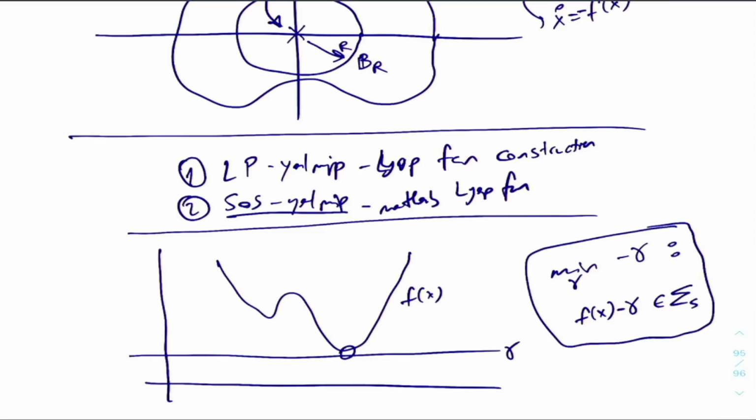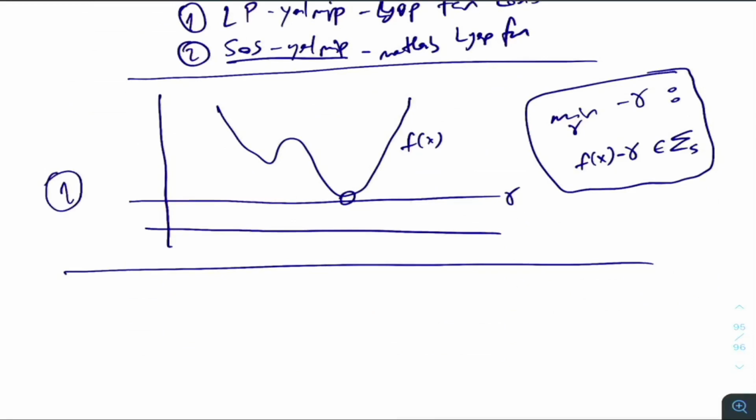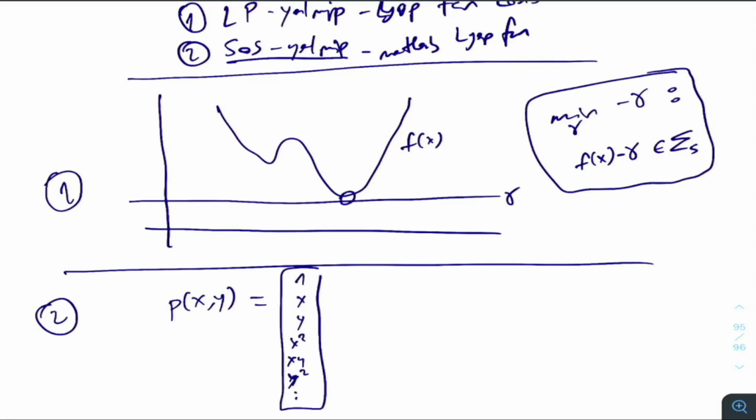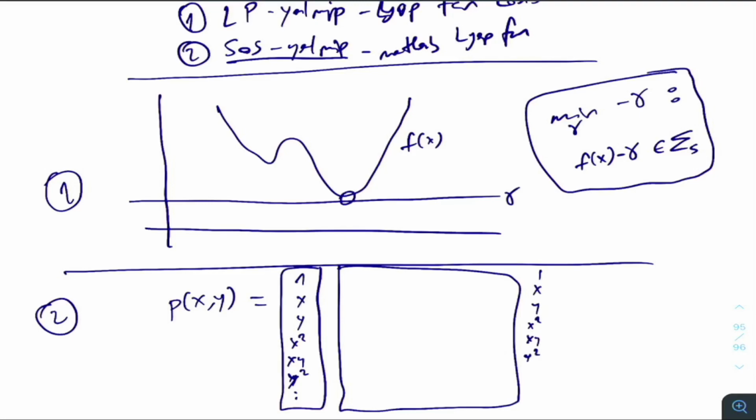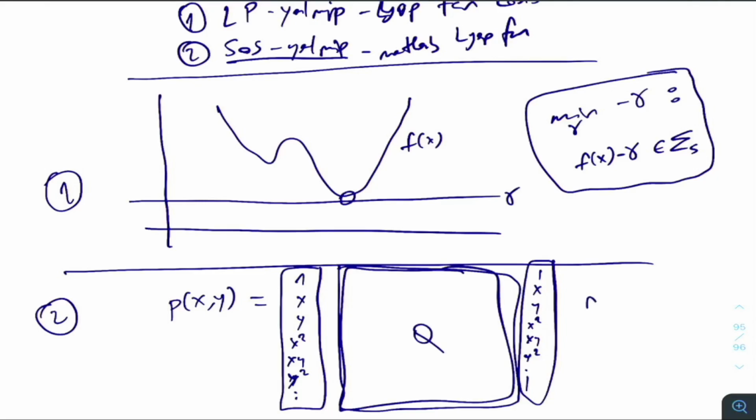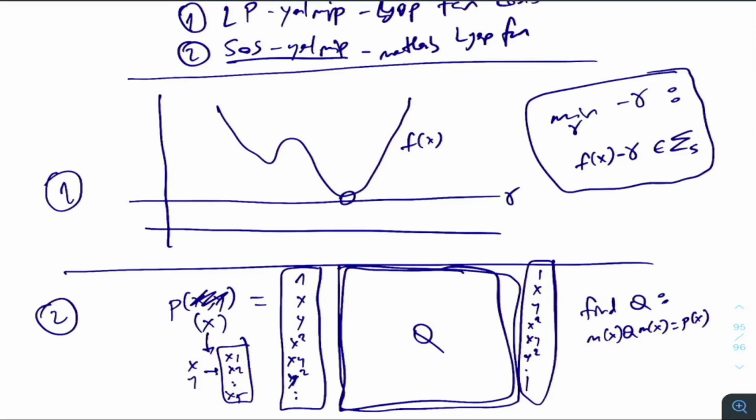And after that, this is like one. P of x, y, and then the monomial vector 1, x, y, x squared, xy, y squared, and so on. Find a Q such that M of x times Q equals P of x, where you think of x as xy, or maybe x1, x2, up to xn.